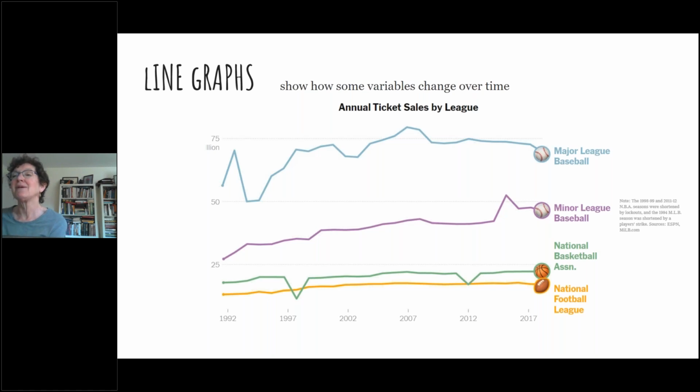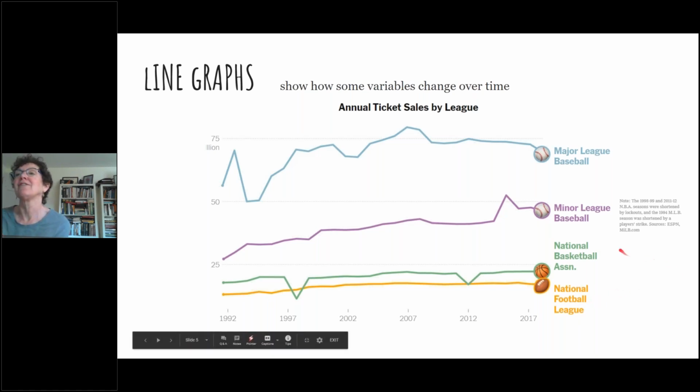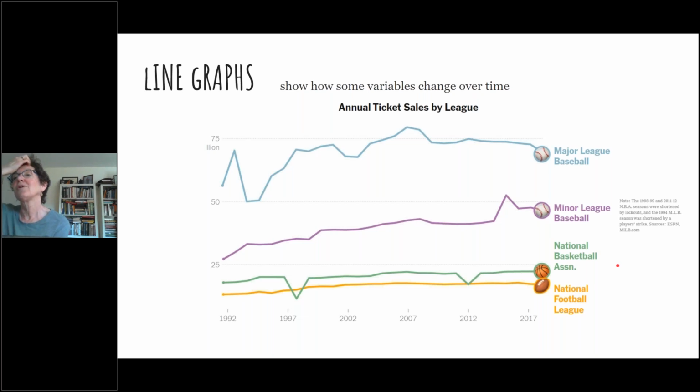That's right. There's going to be another note over here that says in 2020, baseball, minor league baseball, and the NBA were affected by a global pandemic, and no tickets were sold or the season was shortened. We'll have to see if that happens in the fall.